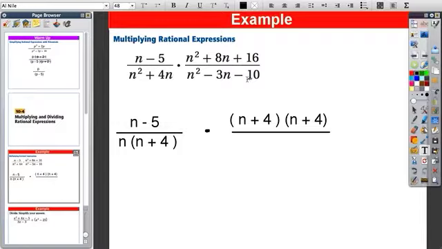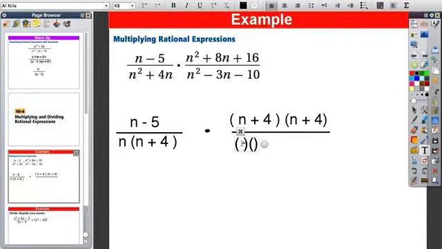Now we're going to do the same thing on the bottom. So we are looking for two numbers. When we multiply them, you get negative 10. Combine those two numbers, you get negative 3. This is just like the one we just did on the warm-up.